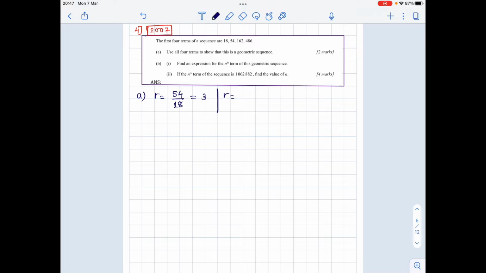The second ratio is 162 over 54, which is also 3. And the last ratio is 486 divided by 162, which is again 3.